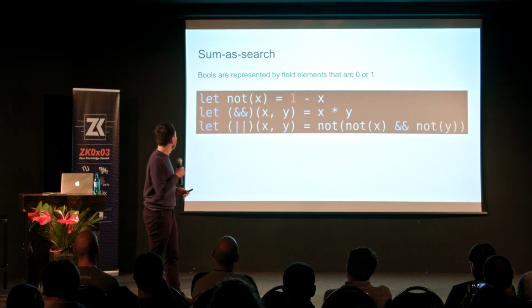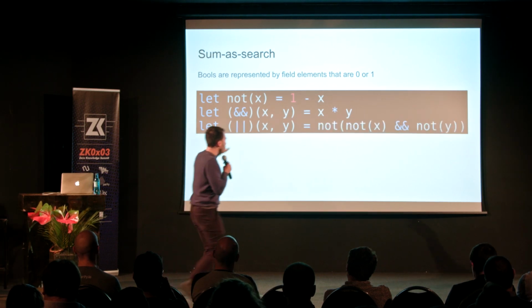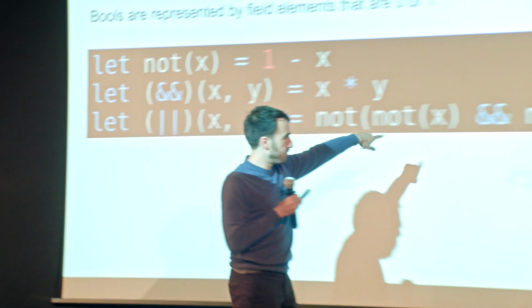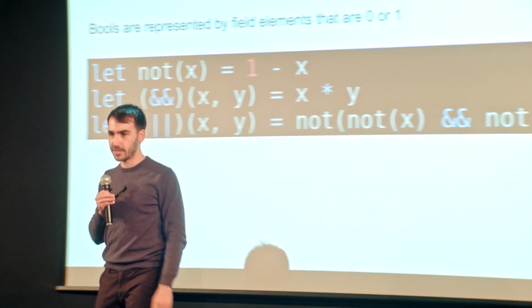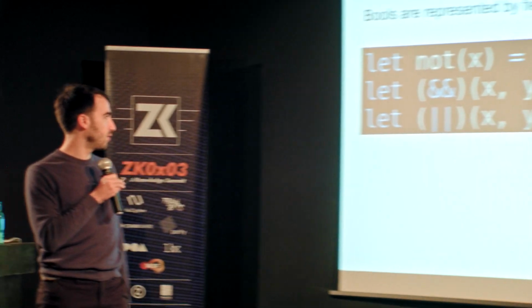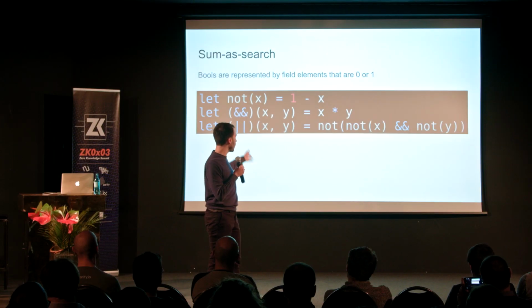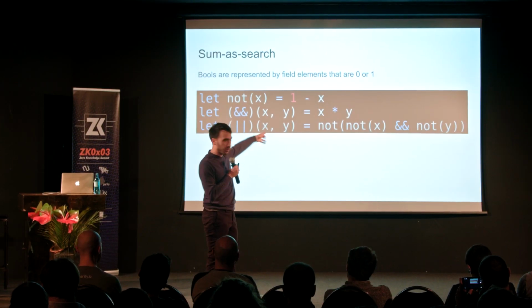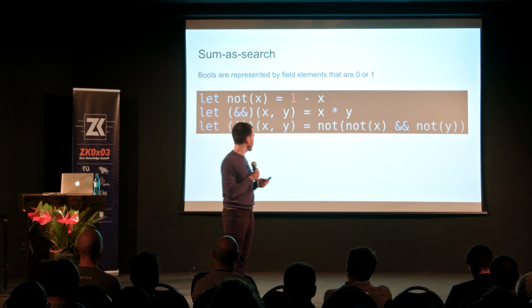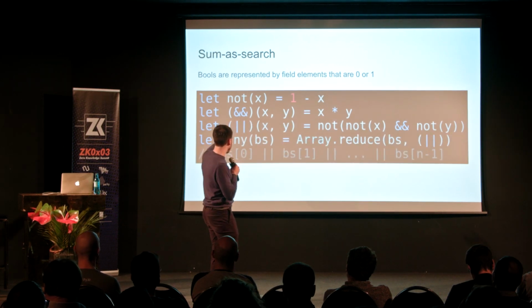And then if you have not and and, you can do or, for example, with just De Morgan, I guess it's called. So x or y is true if they're not both false, right? And then you can kind of say any.